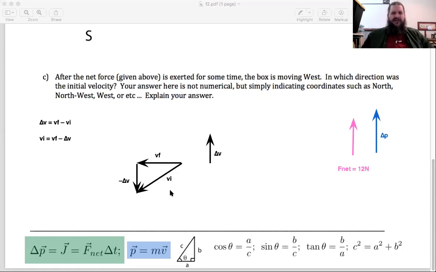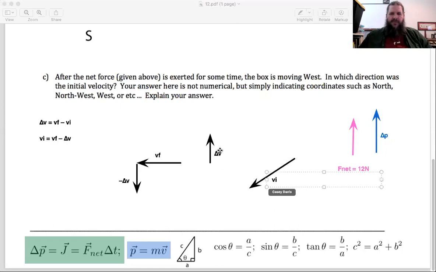So it looks like if this force caused it to eventually be moving to the west, that means it was originally moving kind of southwest-ish. Not necessarily exactly southwest, but approximately in a southwest-ish direction. In other words, we had this v initial.